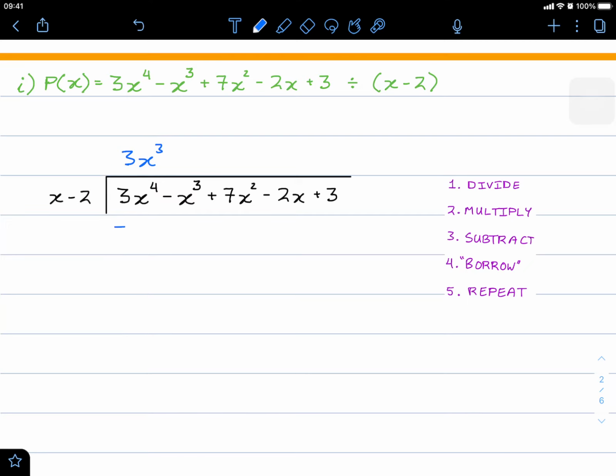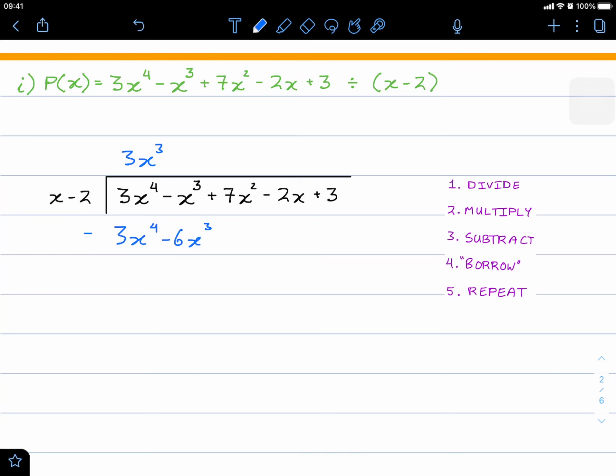We then multiply like so. We get 3x to the power of 4 minus 6x cubed. In case you missed it, that's 3x cubed times x, and 3x cubed times -2, -6x cubed.